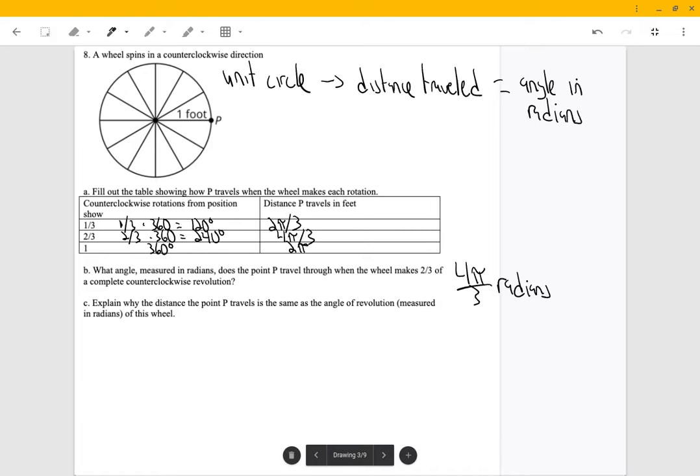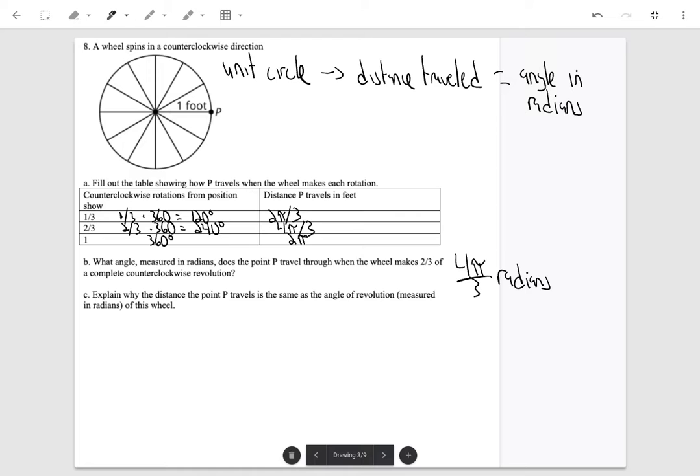And then C, explain why the distance the point P travels is the same as the angle of revolution measured in radians of this wheel. Well, we already explained that.